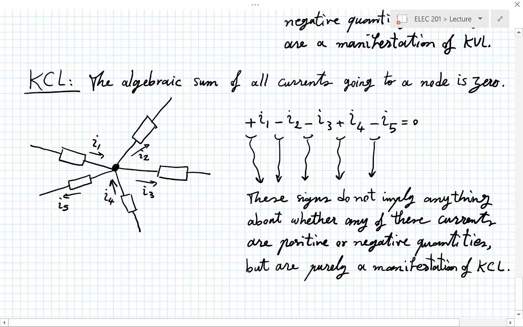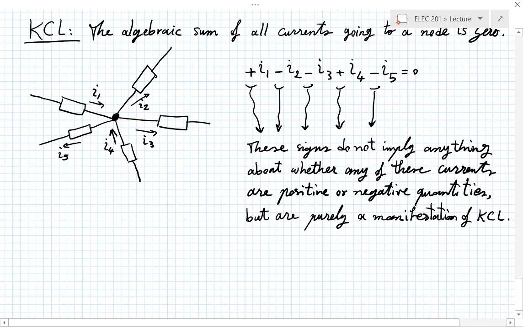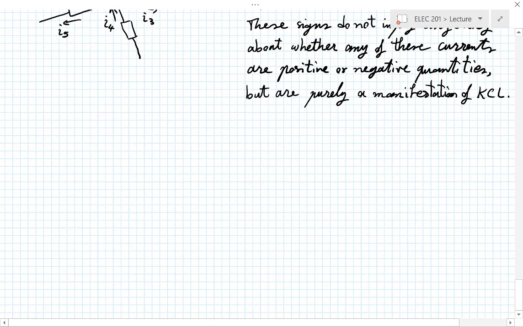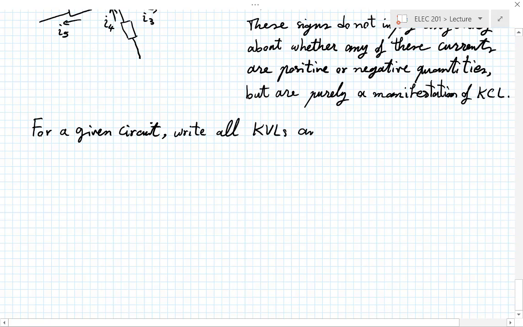Any question about this? So I will make a statement. For a given circuit, no matter how big, write all the KVLs and KCLs, as well as the relationships that define each element.